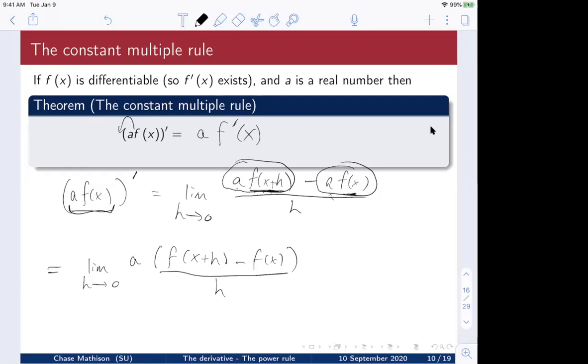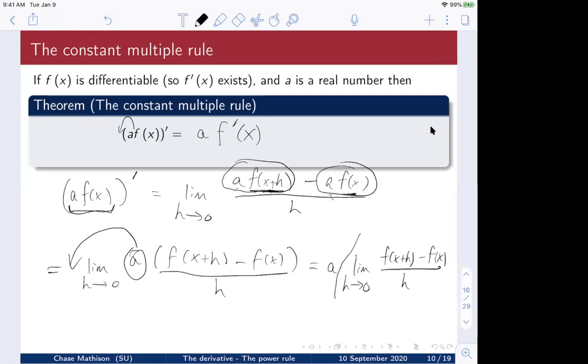And now for limits, we did have the rule that if I have some constant times some function when I'm looking at the limit, the constant can just come out in front of the limit because the constant doesn't depend on h at all. So this is a times the limit as h approaches 0, f of x plus h minus f of x divided by h.